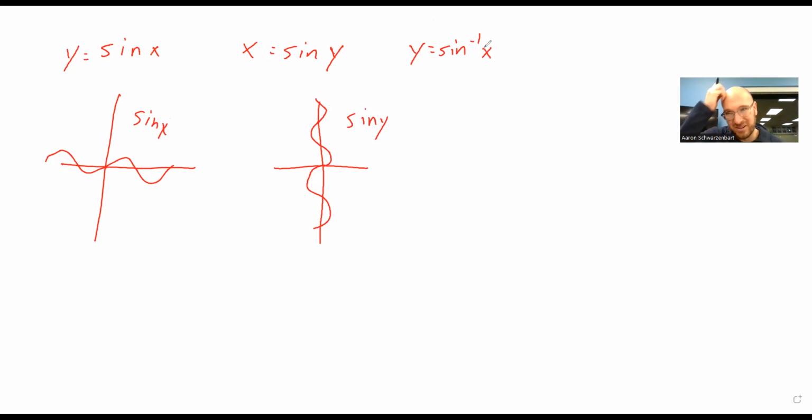Now, this is often thought of as a kind of bad notation because it does not mean sine to the negative first power. This is not 1 over sine of x. That is cosecant of x. Another notation, and you have to know both because this inverse sine is on your calculator, but those of us in math say this is kind of a bad notation because it is often confused with this.